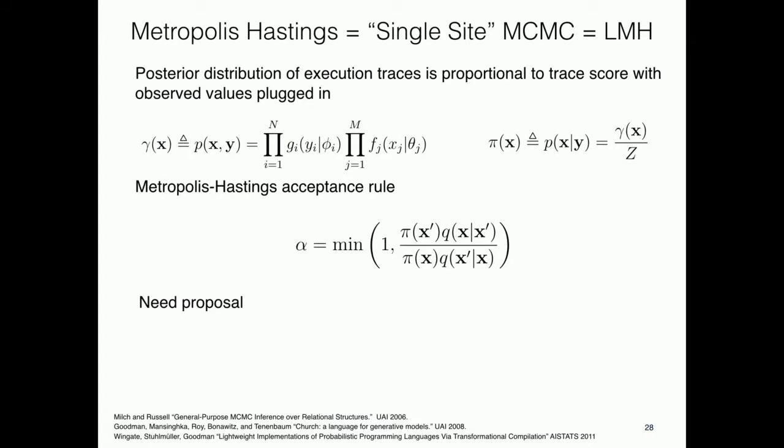We have the joint distribution as before, same target. And what we might like to do, instead of likelihood weighting or sequential Monte Carlo, is Metropolis Hastings. Well, we know how to do Metropolis Hastings. We just need to be able to evaluate all of this stuff.